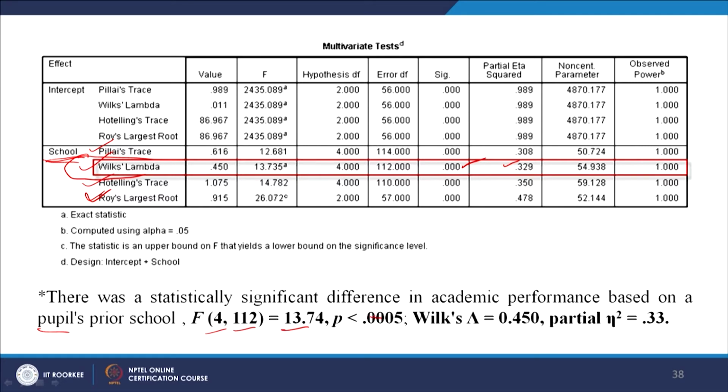Wilks' lambda is equal to 0.45, and eta square is 0.33. This is how you write the report for a MANOVA. Why I am telling this is many people are confused: they do the test, but how to report it, how to write it, they are not very clear.